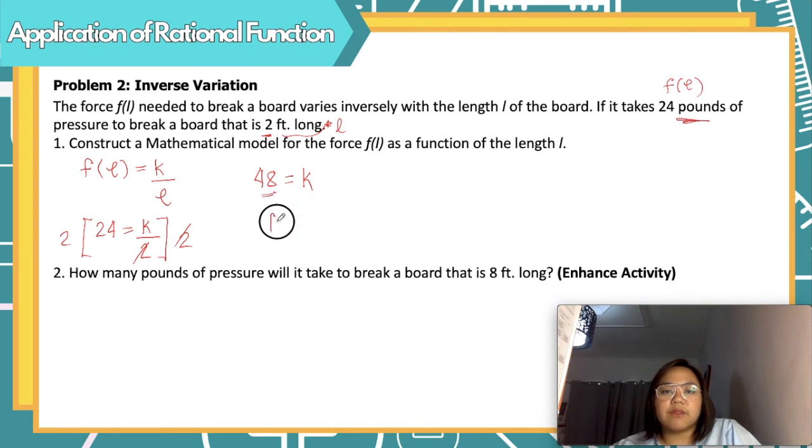So this will be F of L is equal to 48 over L. This will be the mathematical model for F of L.